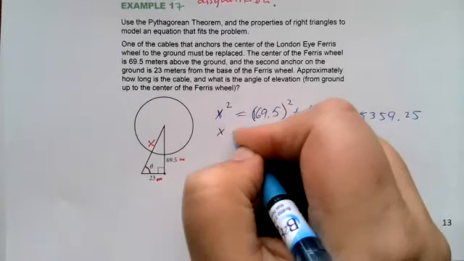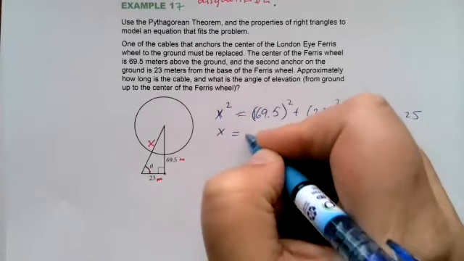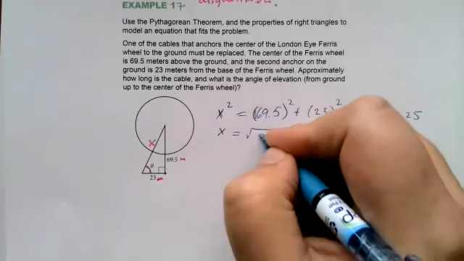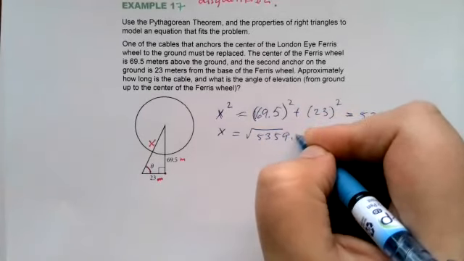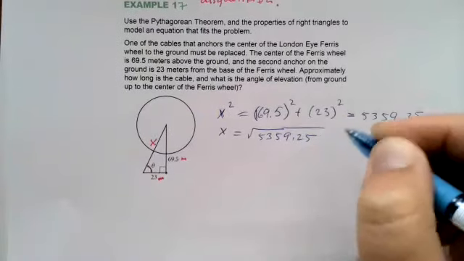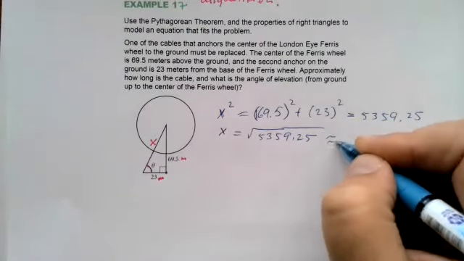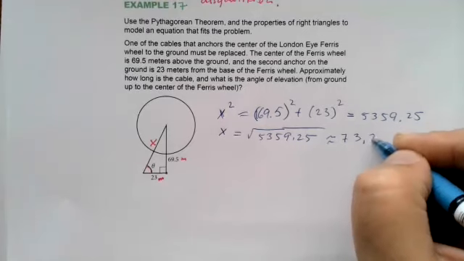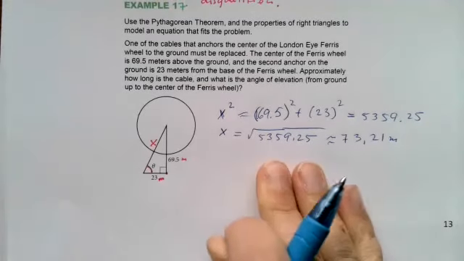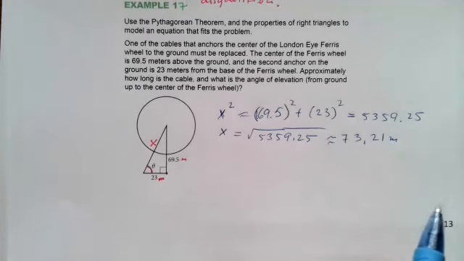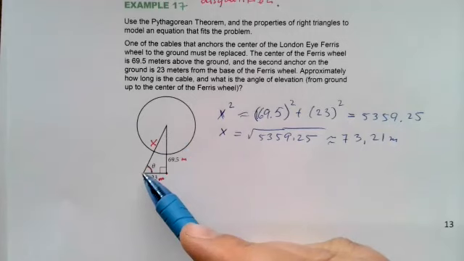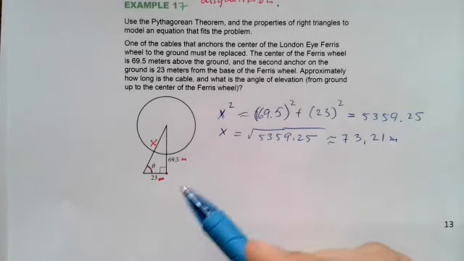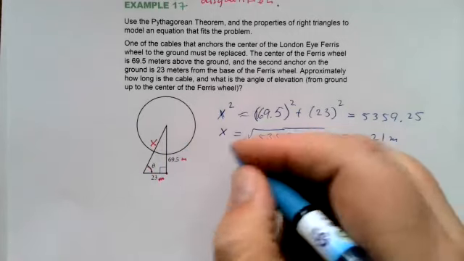Now, for x itself, we're going to go with the positive root of that value. And that's going to be approximately 73.25 meters when you put it into a calculator. Okay, so we found x. What is x? x is actually the cable length.